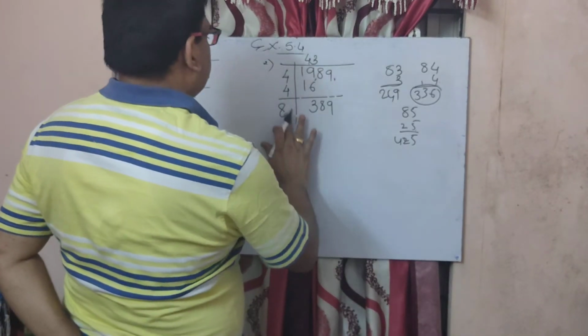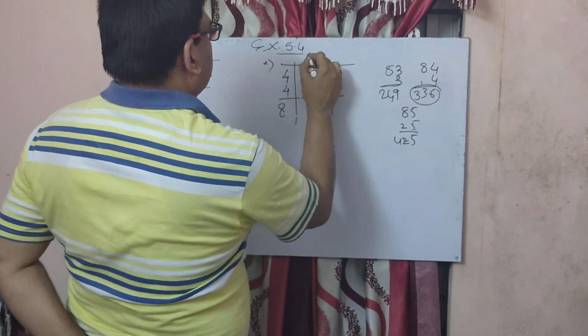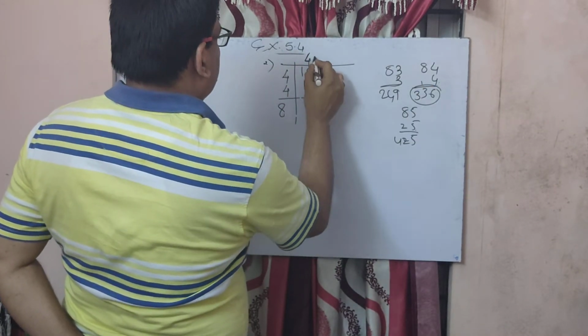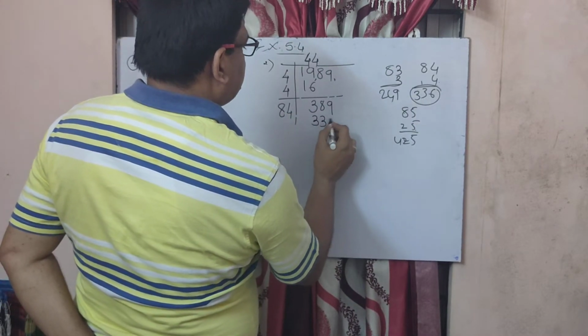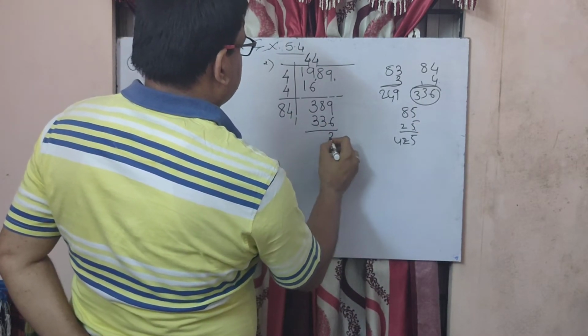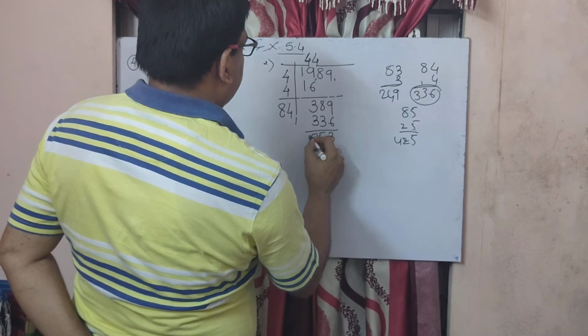So now you have to write, what is the number? 4. 4 here, 84, 4 times is how much? 336. So what is left here? 53.